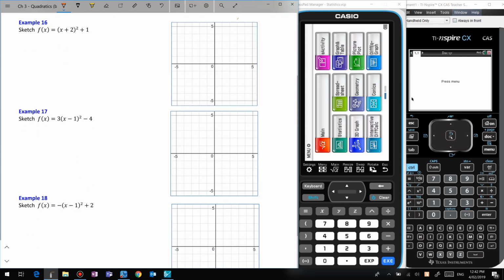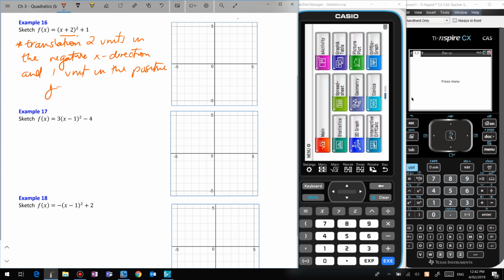Okay, so if we look at this first graph, we know that that is a translation left 2 units, or you could say 2 units in the negative x direction, and because it's also a translation, 1 unit in the positive y direction.